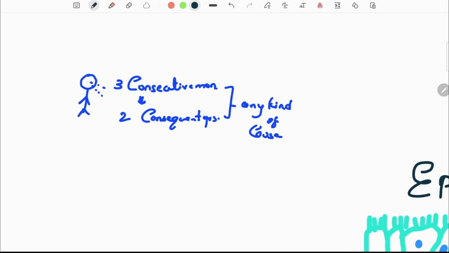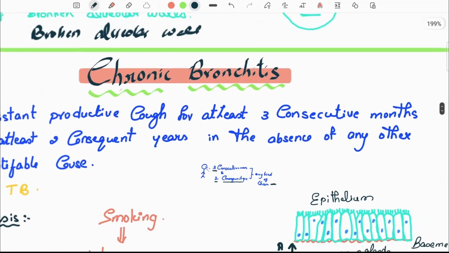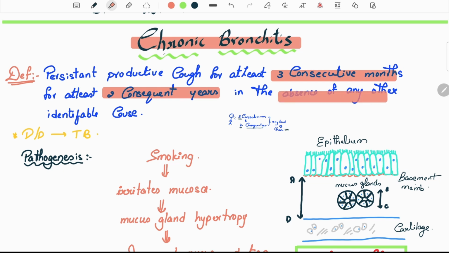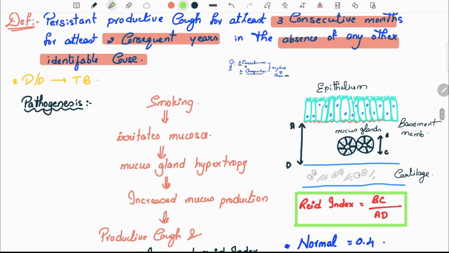Like he is having 3 months continuous cough for 2 consecutive years, but without any cause. Then we can suspect the person may be having chronic bronchitis. So the definition is at least 3 consecutive months for at least 2 consecutive years. Absence of any identifiable cause. We can make a differential diagnosis of TB in this condition also.